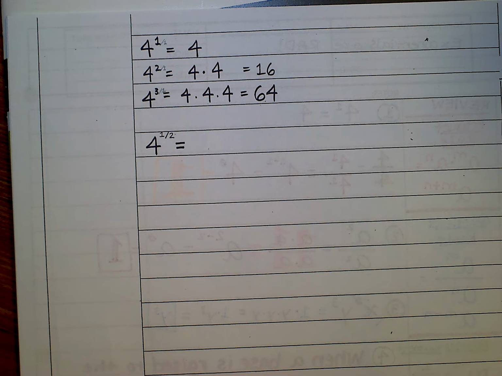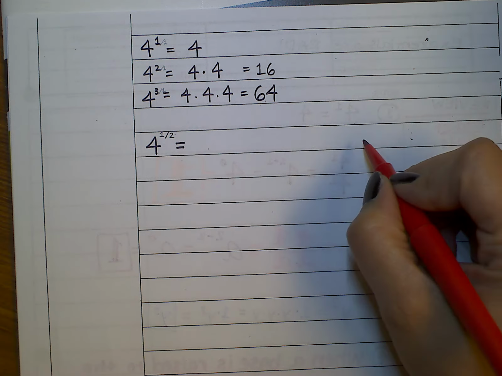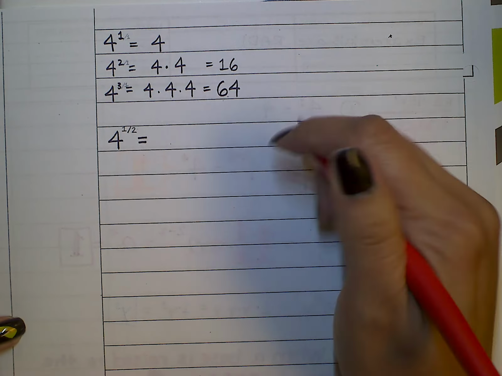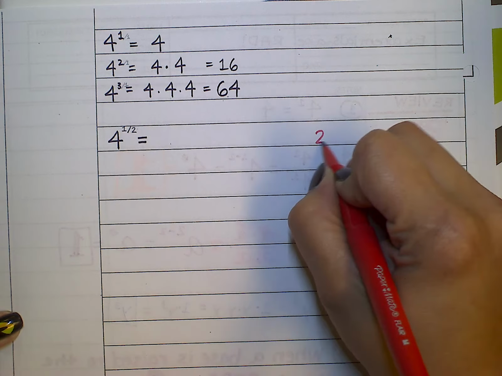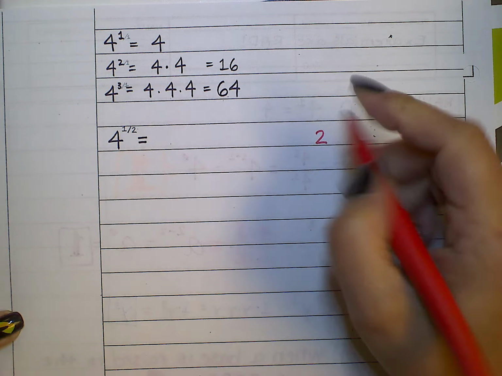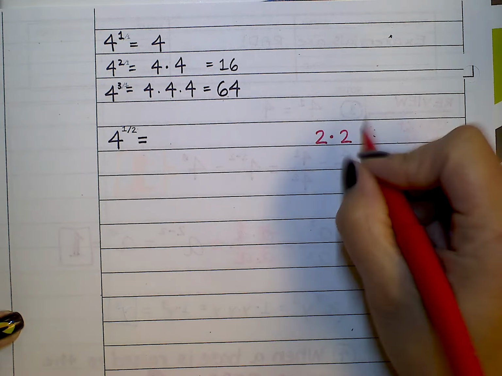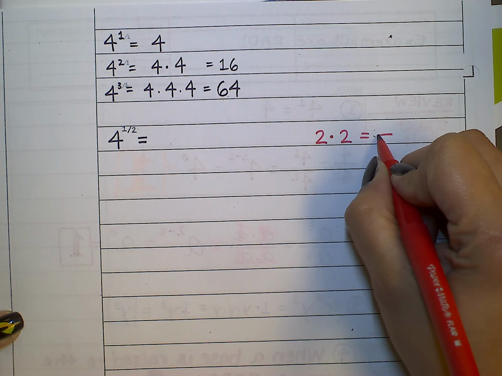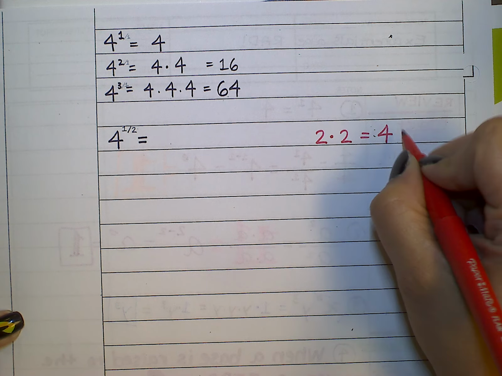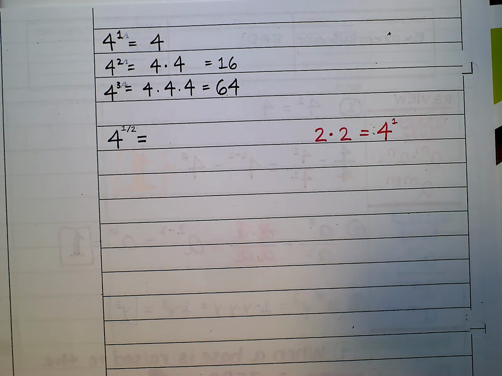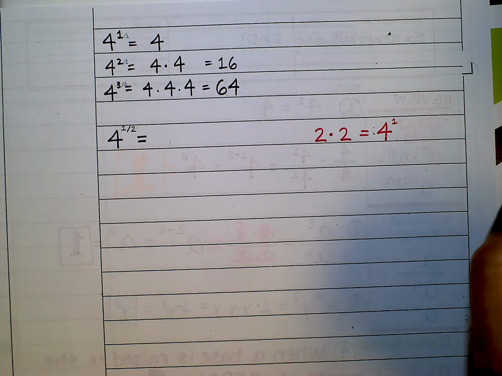Some of them went with 8. Now, let's try and rationalize our 2. So, why are we thinking 2? Well, we know that 2 times 2 gives me 4, and that's raised to the power of 1. Okay, so that's getting me somewhere.